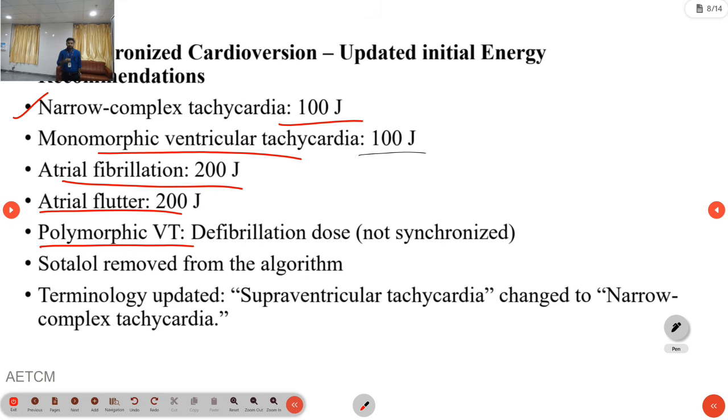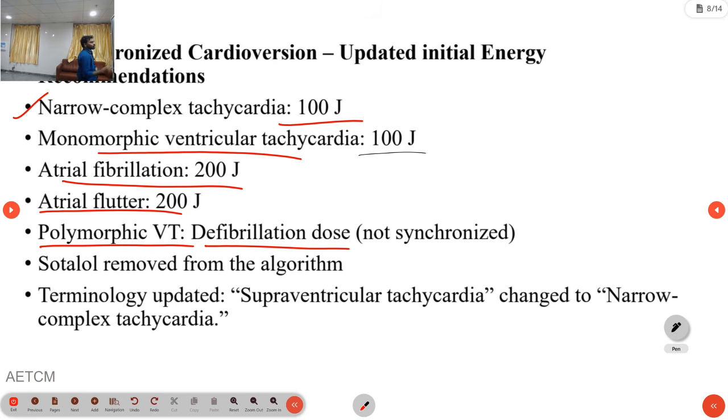Usually if we have a patient who underwent cardiac arrest, after connecting the monitor, if the patient has polymorphic ventricular tachycardia, which is torsades de pointes, and you check for pulse and breathing, there will be no pulse and breathing, so most probably the patient will be in cardiac arrest. So in those conditions, it is better to go ahead with defibrillation dose.